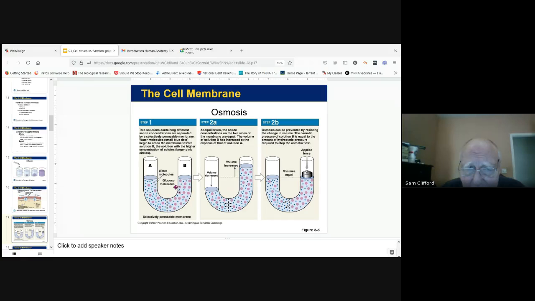And that movement of water generates pressure. Osmosis is very important for movement of substances in and out of cells. We'll talk about it in the kidney and so on. So read closely through these diagrams. This is called hyperosmotic because there's more dissolved substance. This is called hypoosmotic.